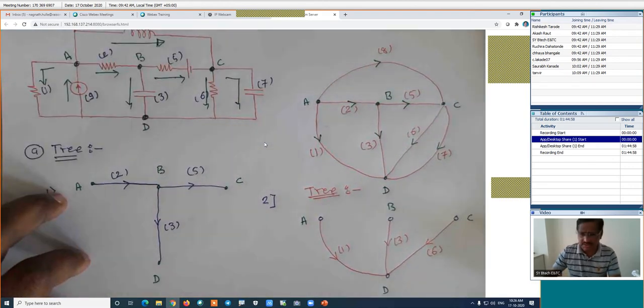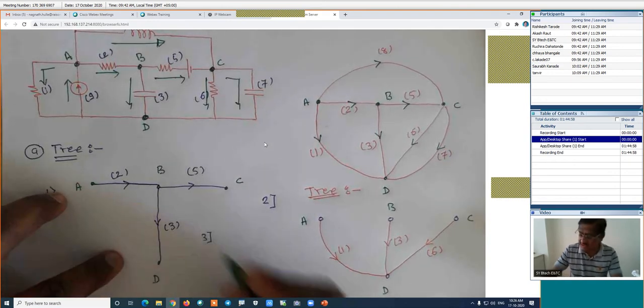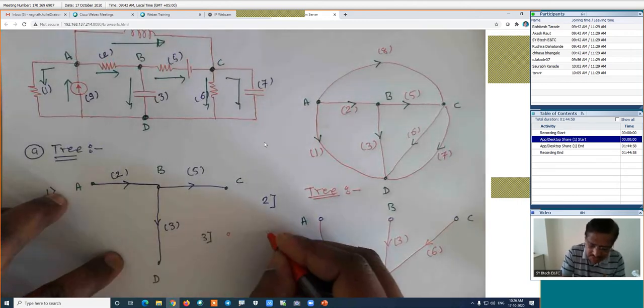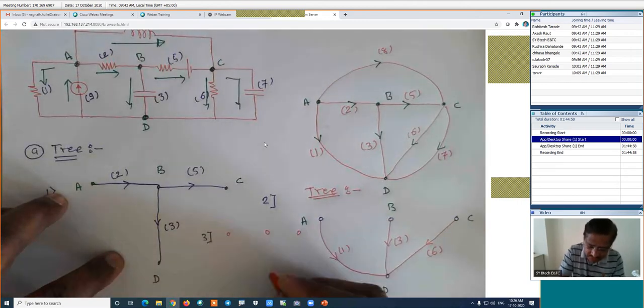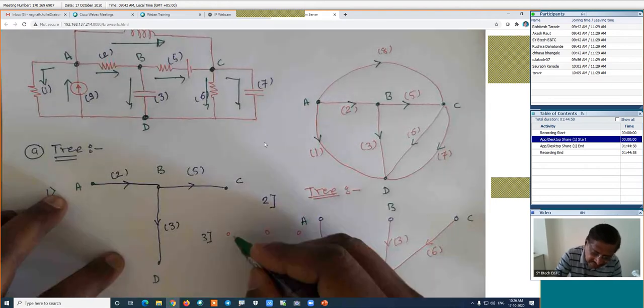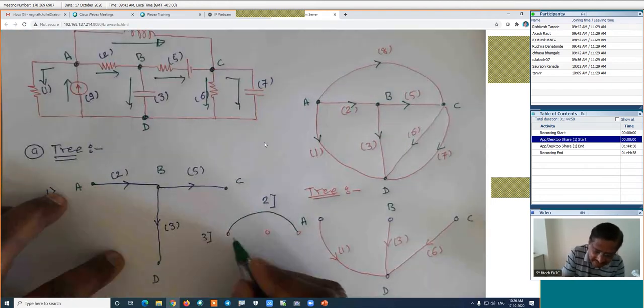I will draw another tree and then I will conclude this point. Suppose this is node number 1, this is node 2, this is node 3, and this is the 4th node. How will be another tree? I will draw. This may be one path, and this may be another path.